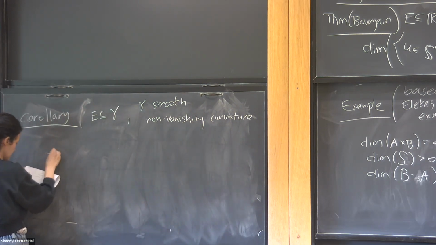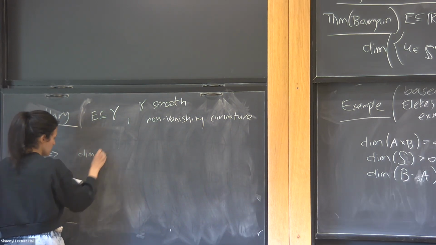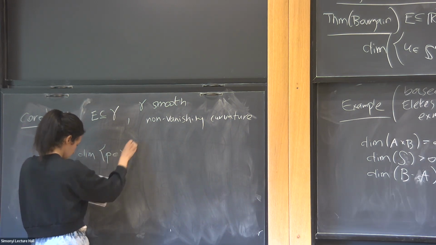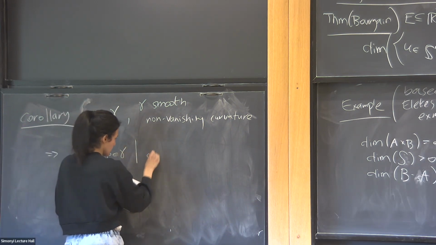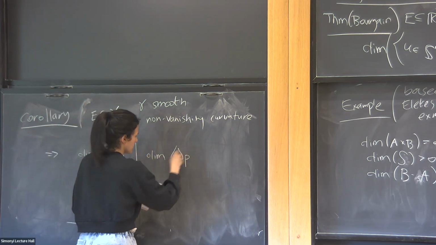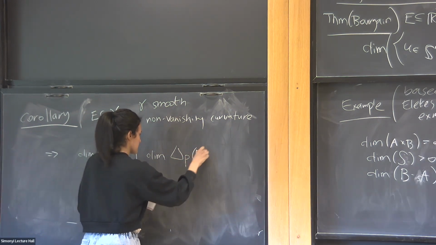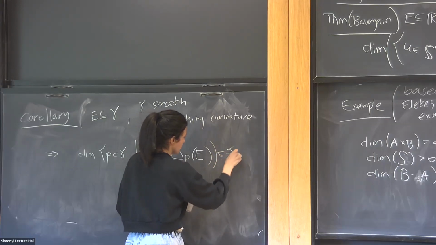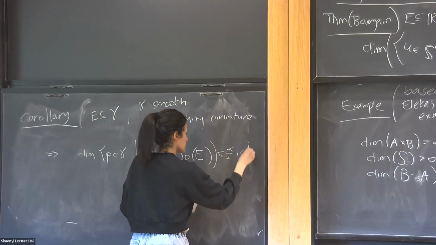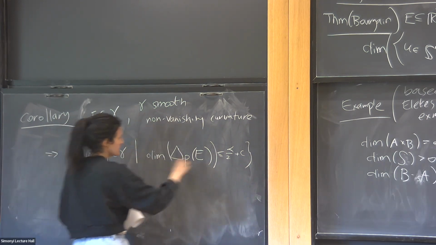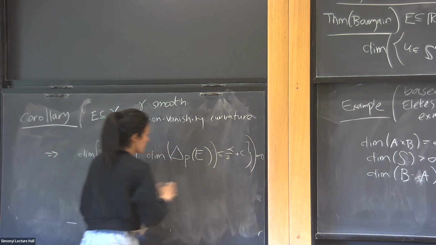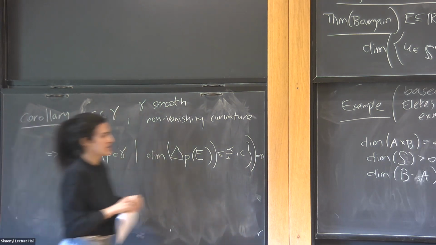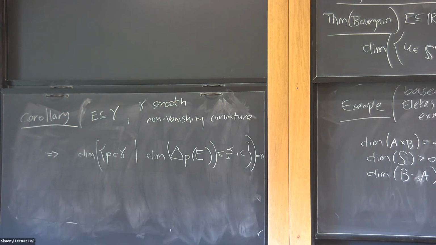We know that the dimension of all points P in gamma that span a distance set with dimension less than alpha over 2 plus C, this set has dimension 0, because if a set contains, so let's call this set K.